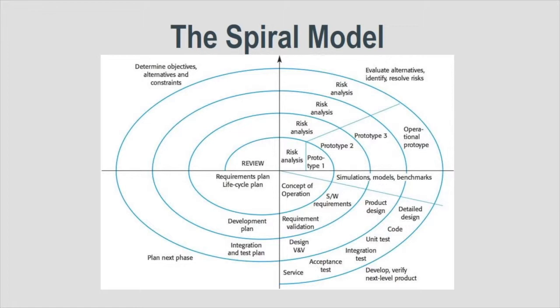After so many iterations, the software will be done. There are some disadvantages. The first one, I think, is that it's going to take a long time to build the whole software.